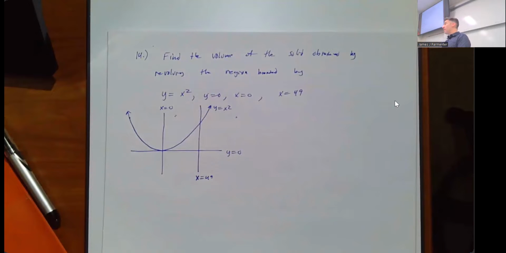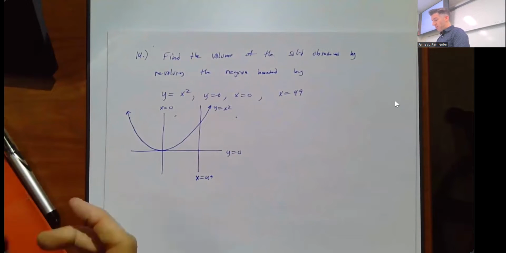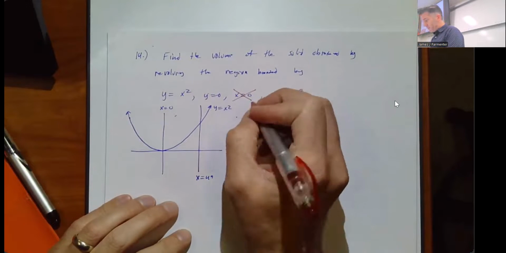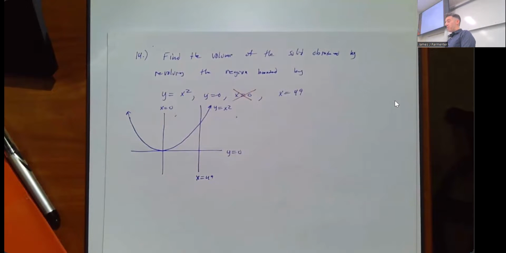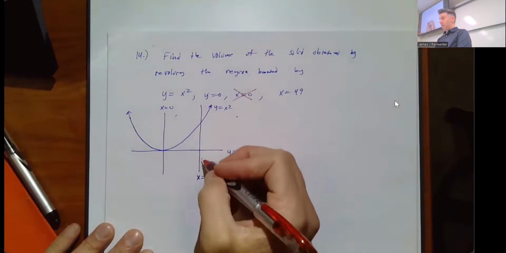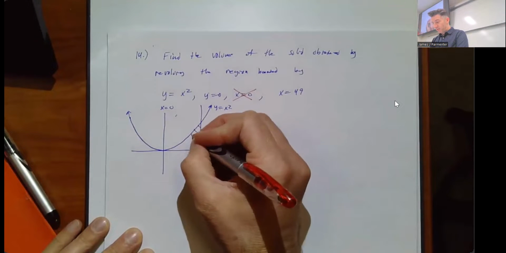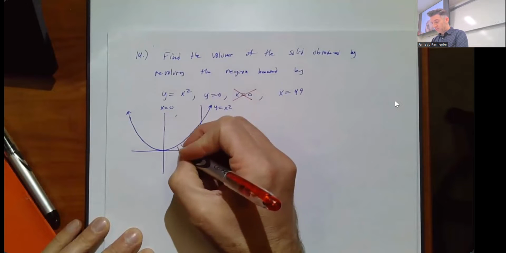We didn't really need to have said that. It's certainly one of the limits of integration, but you could have totally said my boundaries are these three things, x squared, y equals 0, and x equals 49, and still been able to come up with this as the only potential region.